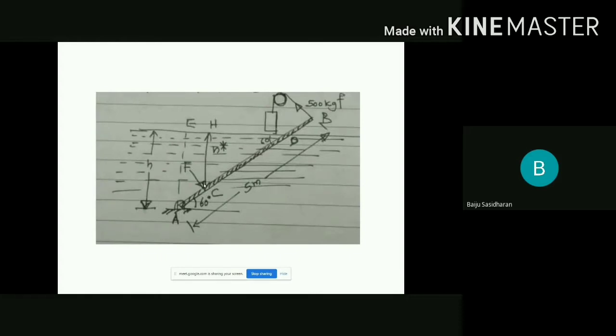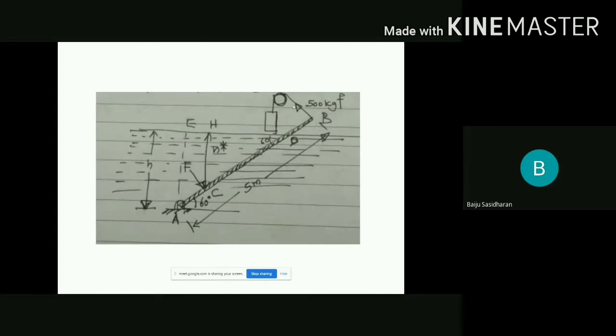While we are considering the moment, you take the moment about this hinge point, that is the force into this perpendicular distance. That will make a clockwise moment. And this 500 kgf force into this perpendicular distance will make an anti-clockwise moment.